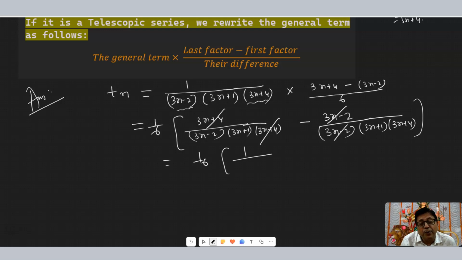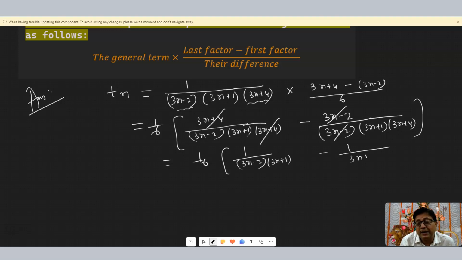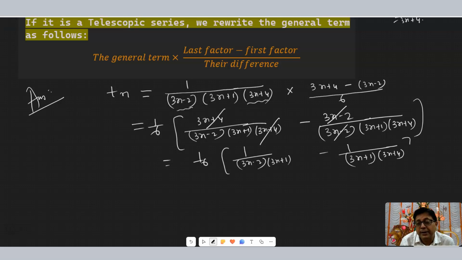You can write 1 by 3n minus 2, 3n plus 1, minus 1 by 3n plus 1, 3n plus 4. Okay, the difference we have done. Then what is the sum? I told you, you write this one as un, this one as un plus 1, or this one un plus 1, this one un. You have to express this one as a difference of 2. But is it ensured that this one, un to this one, will be un plus 1? Let us check. Un is what?